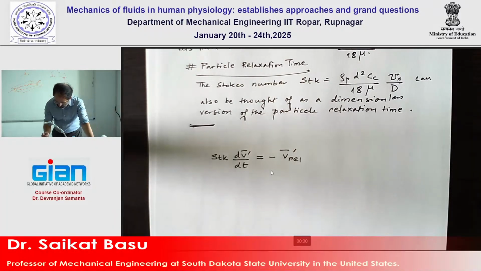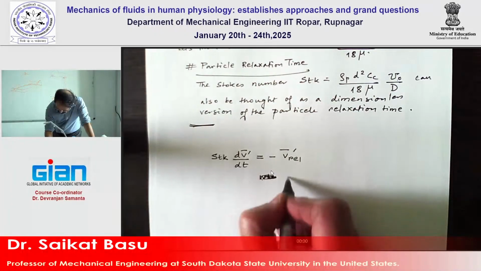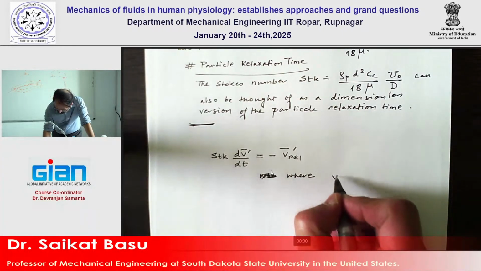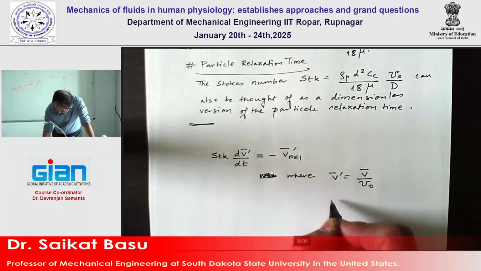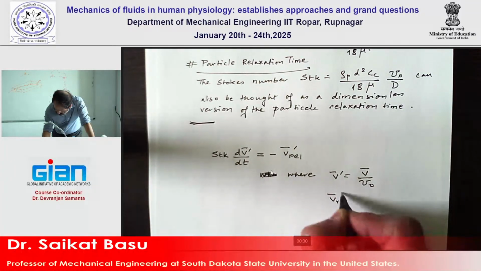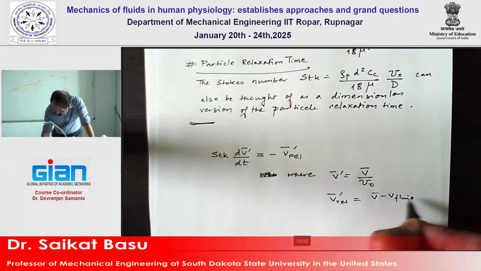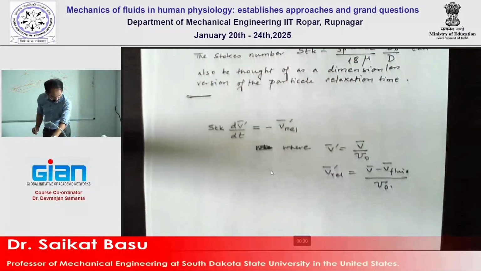So if this is the case, let's now think about the non-dimensional terms that we have used. So V prime is again V over U naught, and V relative is V minus V fluid over U naught. And we have written these definitions down already before.